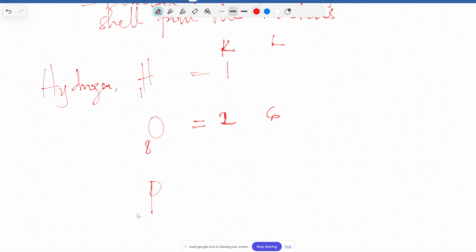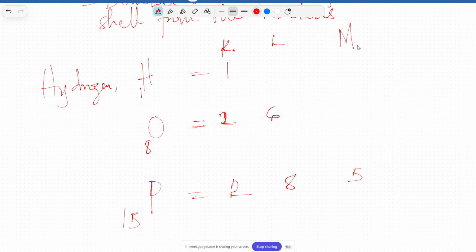And then for phosphorus, which is 15, you have that to be 2, 8, and then you have 5. That means that is having M. So that has M now.